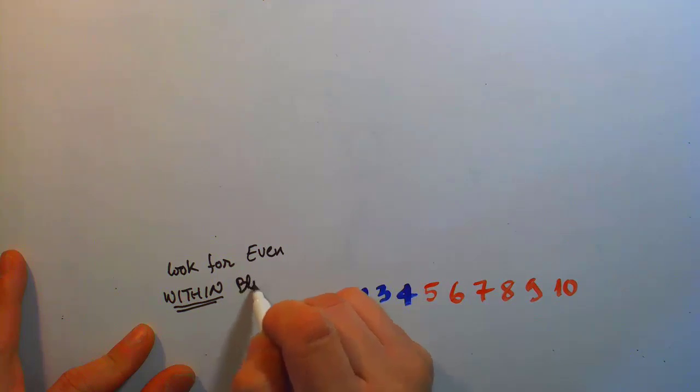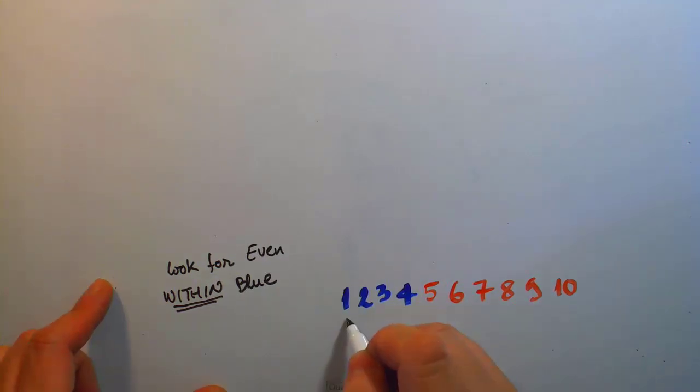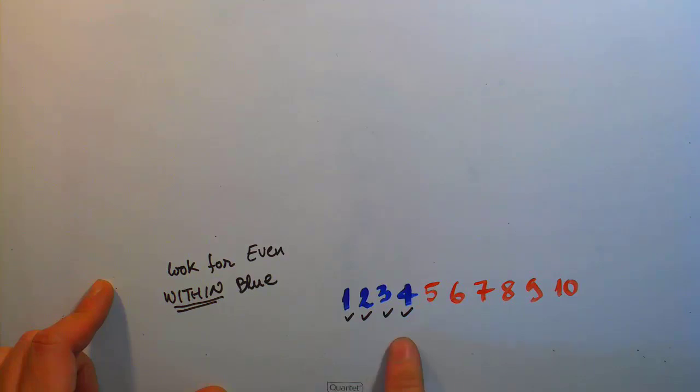So we look for evens within blue. Let's lay down our foundation first and look for blues. The blues are all here. There are 4 blues. And now, restricting our attention to these 4 blues, the even numbers are these 2.